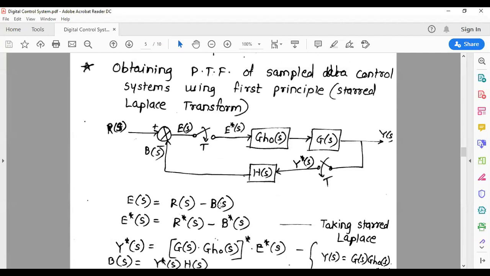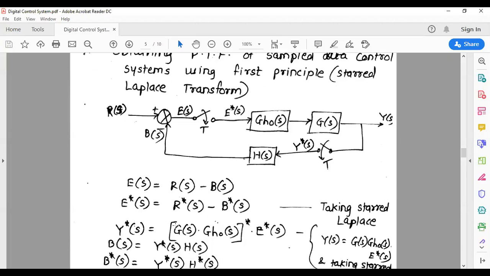Now let's start. Here we have Y star of S. If I have to find Y star of S, what is Y star of S? G of S into GH of S. I forgot to speak about GH of S. I did show you the whole circuit; this is nothing but the transfer function of the whole circuit. Do remember it.